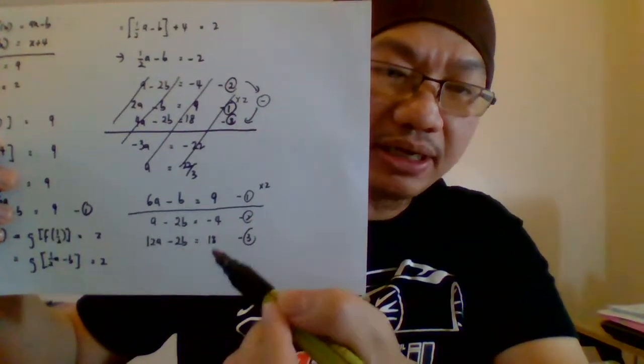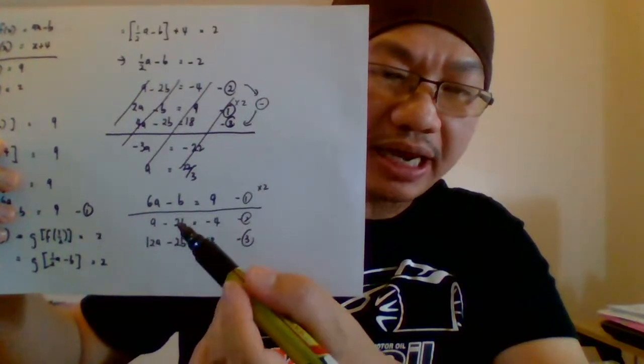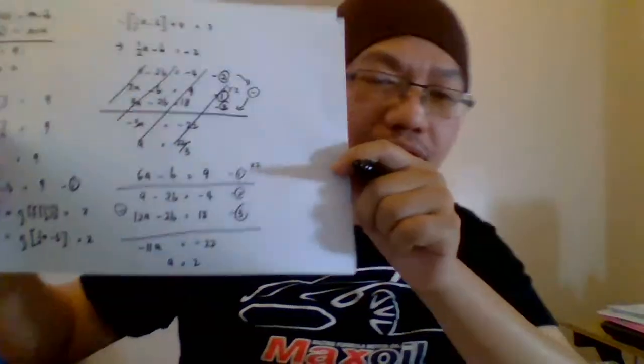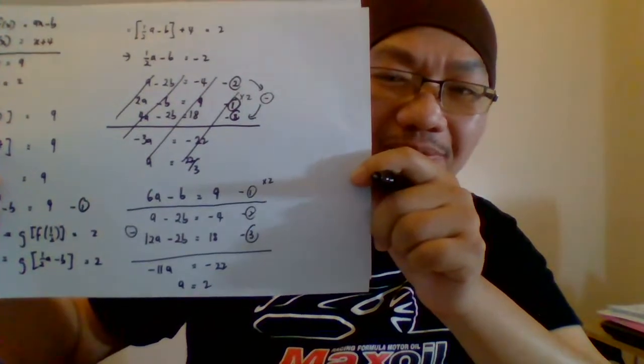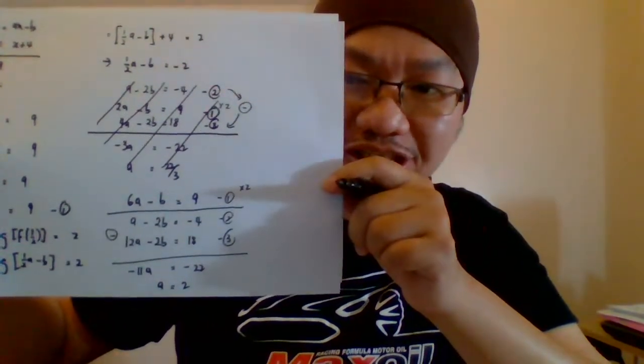Now simplify. Negative b, negative 2b, and negative 2b, so we need to use minus. So second minus third, it becomes negative 11a equals negative 4 minus 18, negative 22. So a equals 2. Please be careful when you do the calculation.